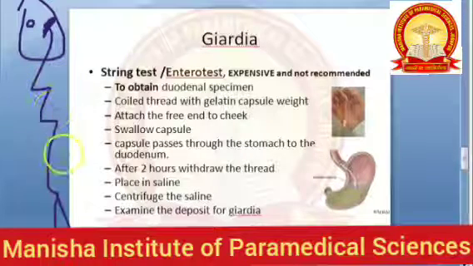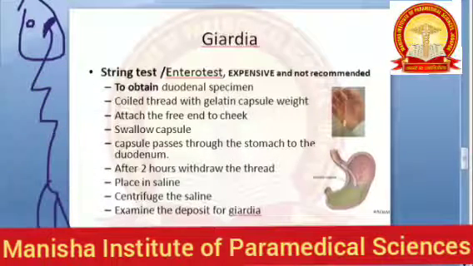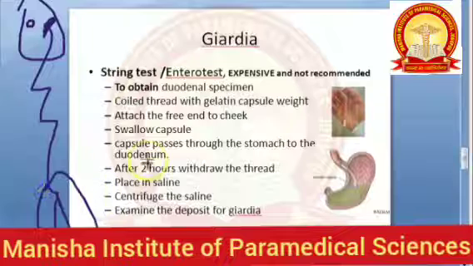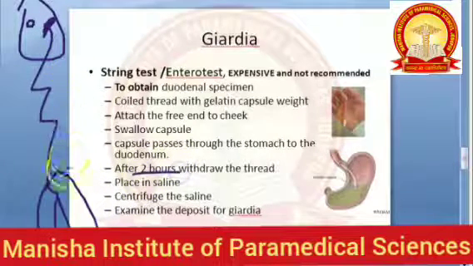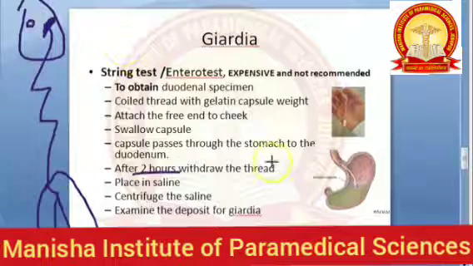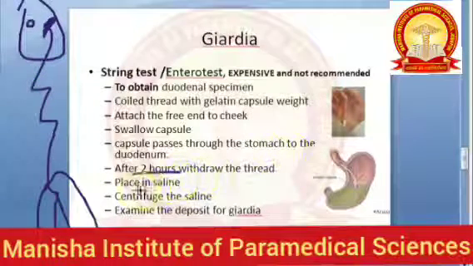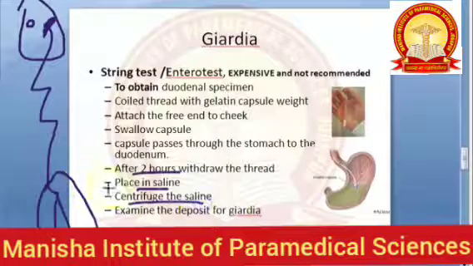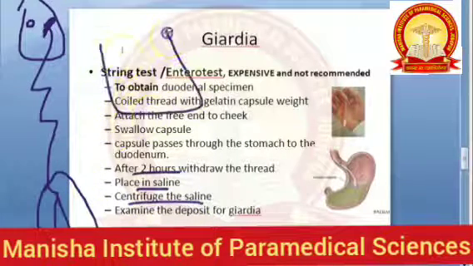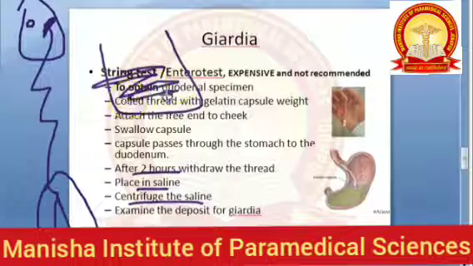It will go through the stomach and then reach the duodenum. After 2 hours, they will withdraw the thread, so the gelatin capsule also comes up. Then they will place this in saline and centrifuge the saline.